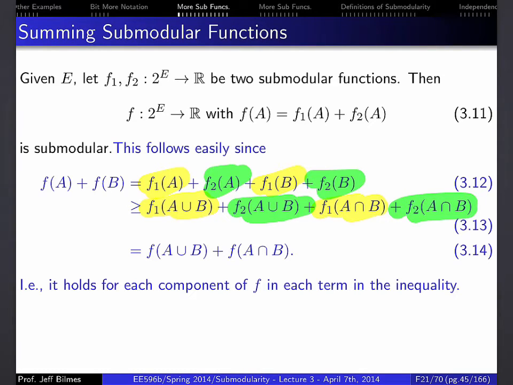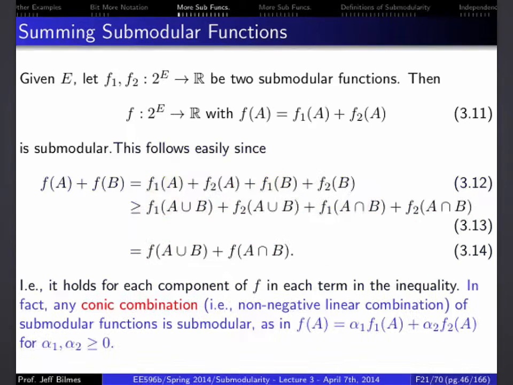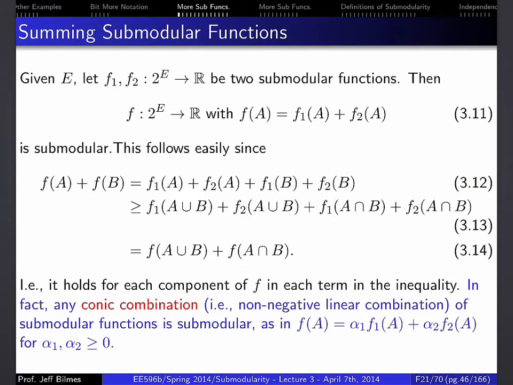Okay. And then that basically just by summation corresponds to f of a plus f of b is greater than or equal to f of a union b plus f of a intersect b. So therefore, summing preserves submodularity. And in fact, we can take any non-negative conic combination of submodular functions, and it is submodular.